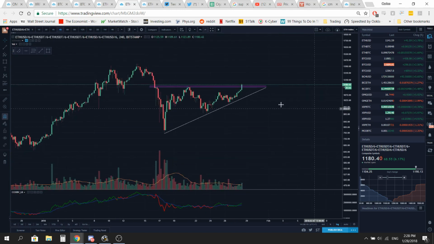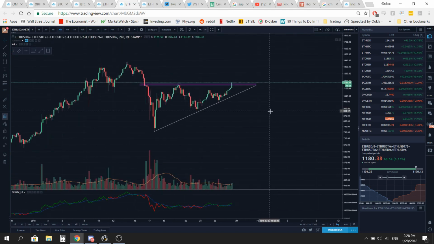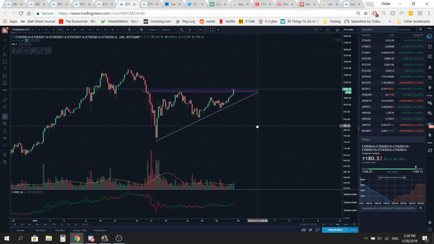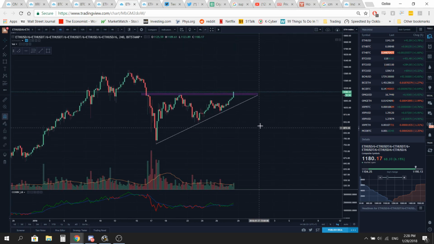Now, how I come up with my targets, I usually try to use 2 different methods just to see if there's any confluence. Confluence is always a plus when you're looking for targets or any setup anywhere in trading, really.